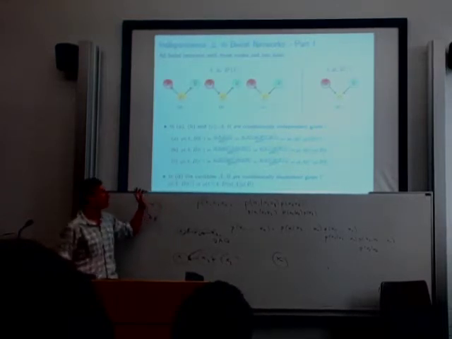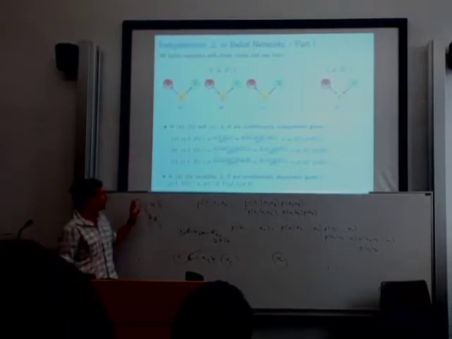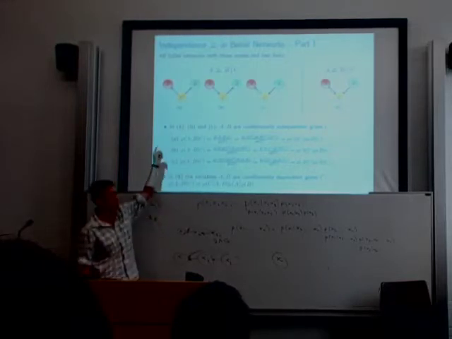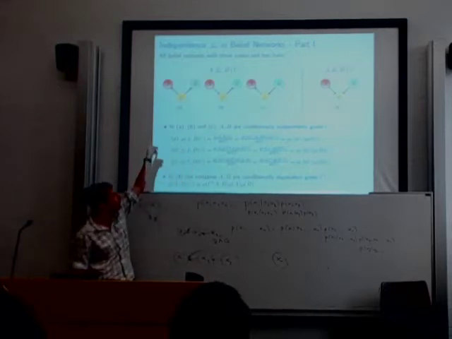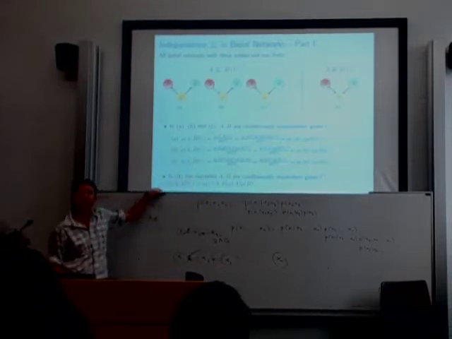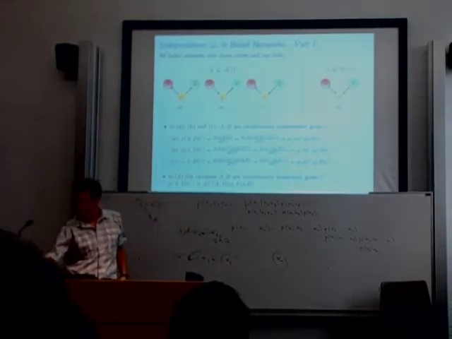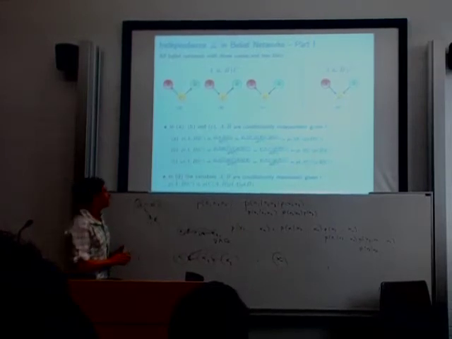So there are more graphs, if you like, with oriented edges, but not all of them are DAGs. So I'm only considering the DAGs, and I'm going to remove an edge in the DAGs, and I'm left with only 4 graphs. These are all the graphs which are DAGs with one edge removed.